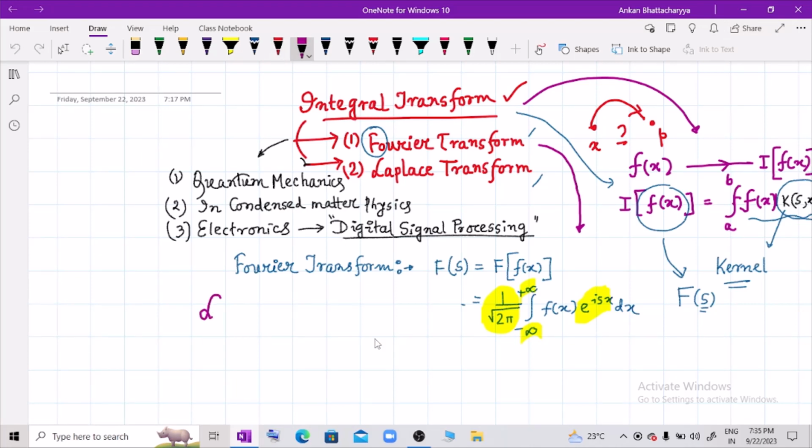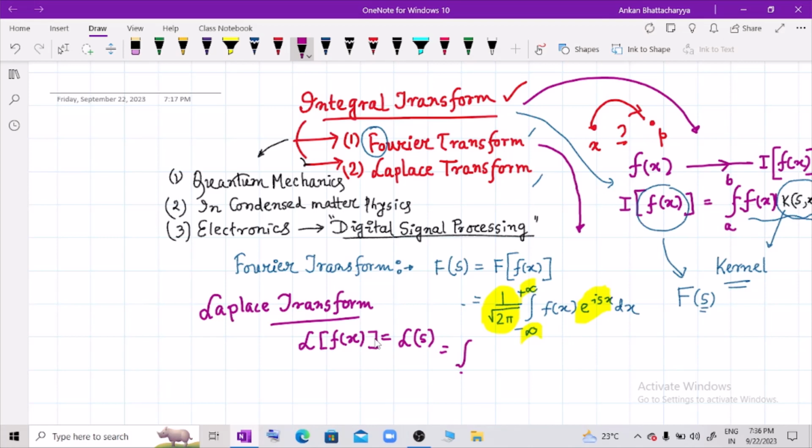So in case of Laplace transform, the kernel changes. Laplace transform of some function f(x), which you can write as a function of s, is 0 to infinity f(x) e to the power minus sx dx.